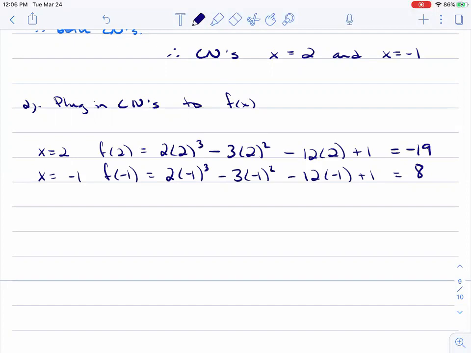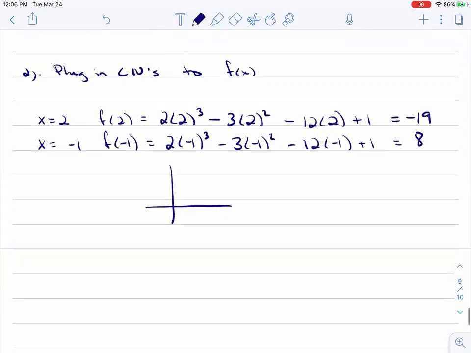These are so far my two contenders for a maximum and a minimum. We also have to evaluate the endpoints because we could have something that looks like this, right? And so we could have a point here that we haven't taken into account.